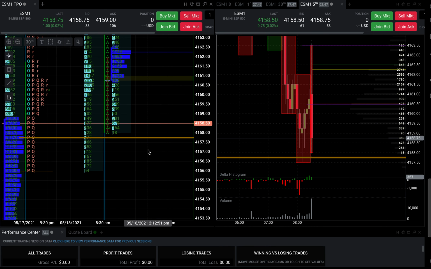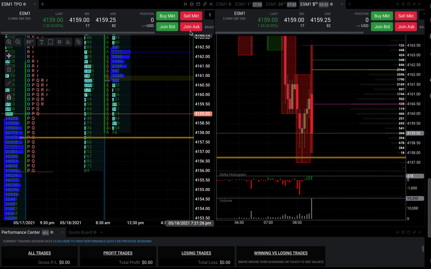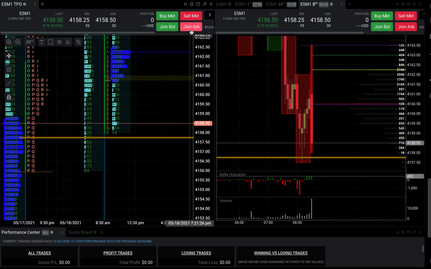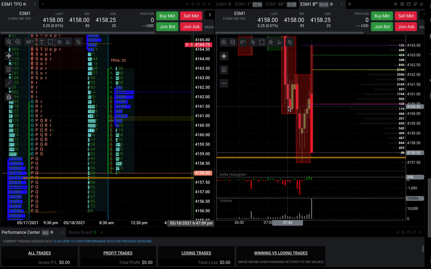We're at settlement. Looking at the opening range. Kind of move my trade there.